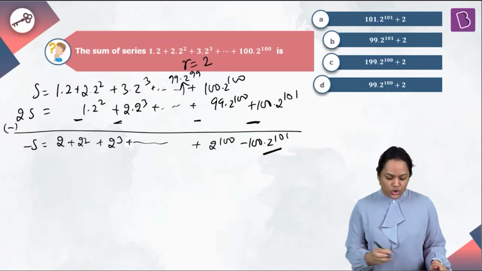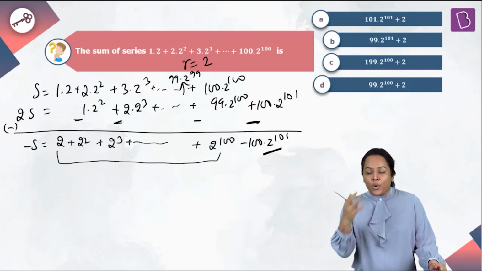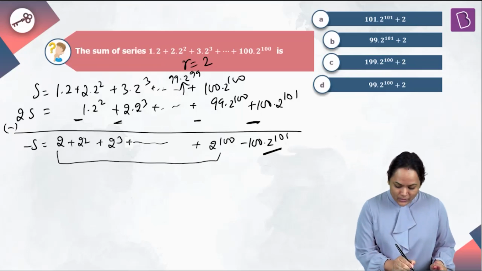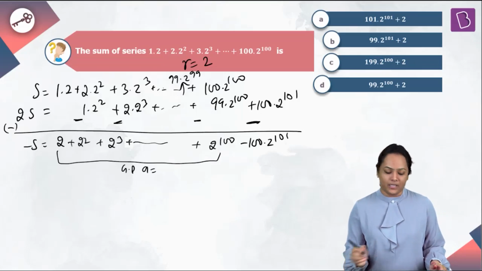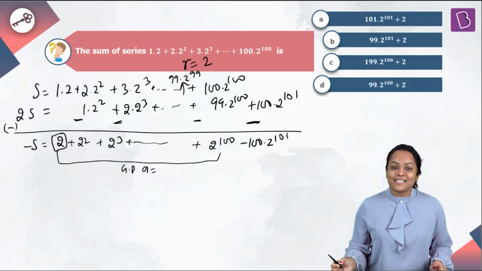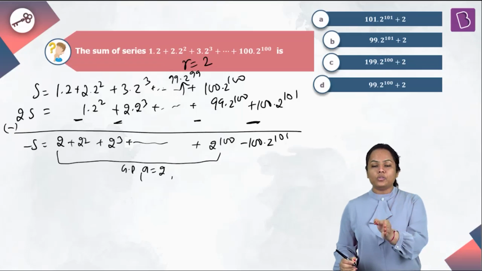Now to find the summation, I have to recognize the sequence. What is this sequence basically? Well, that's a GP. You are right. And what is the first term of this GP? Well, 2, isn't it? 2 is the first term of this GP here. And what about the common ratio? I have 2, 2 square, 2 cube.